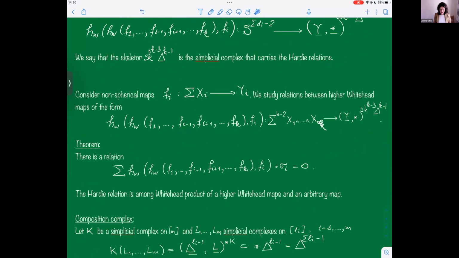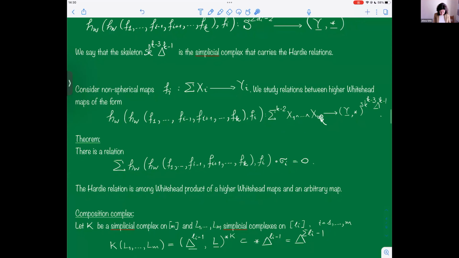Here we just have a permutation. The Hardie identity had explicitly a sign, and the sign comes from the fact that these permutations are over spheres, so we can boil the whole permutation down to plus or minus 1, whereas in this case, where we are permuting some general spaces X_i, we need to keep the permutation.